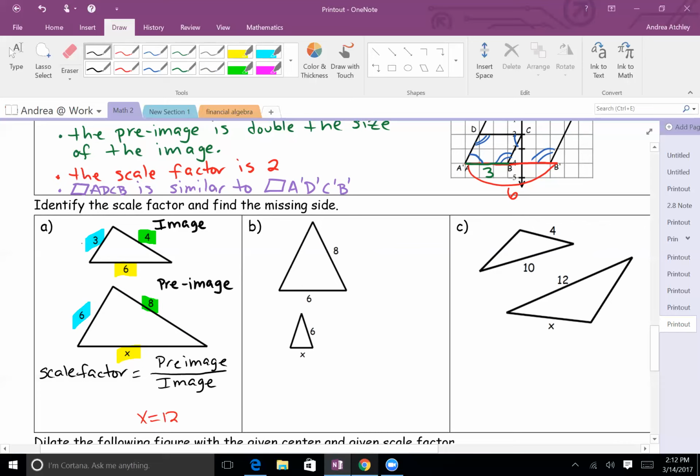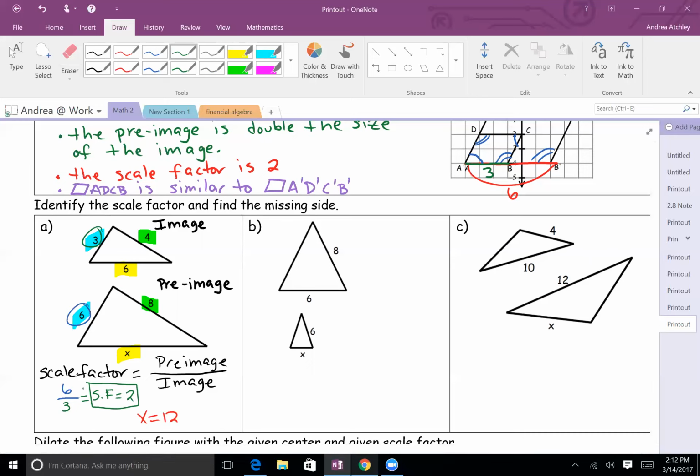So here's my pre-image of 6 over my image of 3. So the scale factor equals 2. Any questions over that?